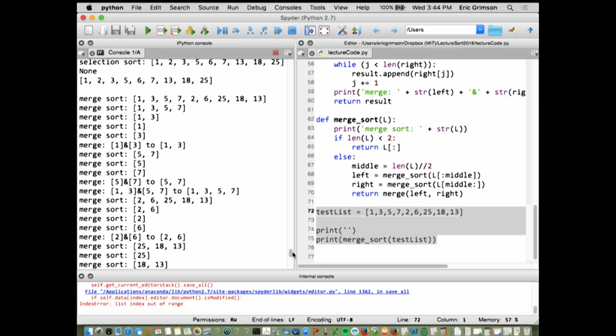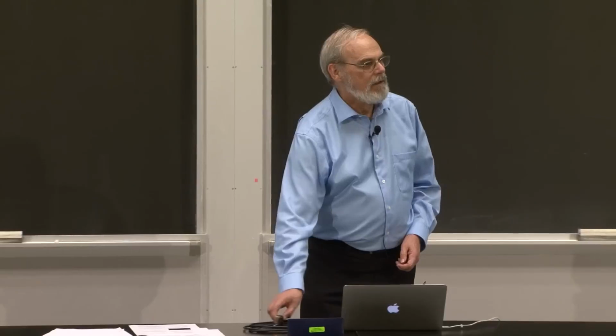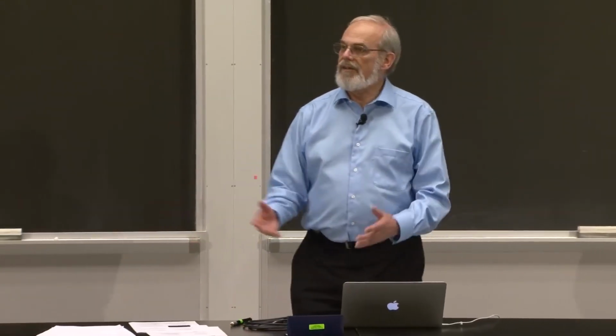Eventually, it's going to come back down there and do the second one. It keeps doing it until it gets down to simple lists that it knows are sorted, and then it merges them. It does the smaller pieces, and then merges. And having now 2 merged things, it can do the next level of merge. So you can see that it gets this nice reduction of problems until it gets down to the smallest size.